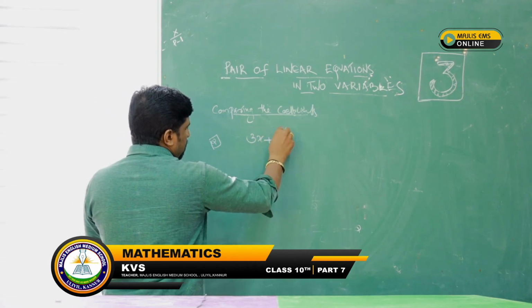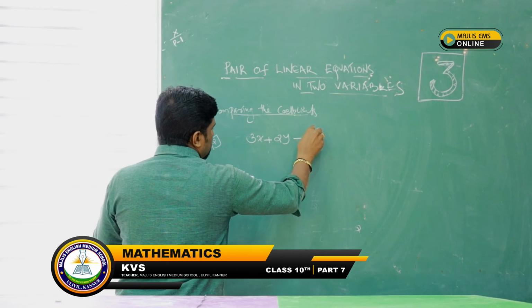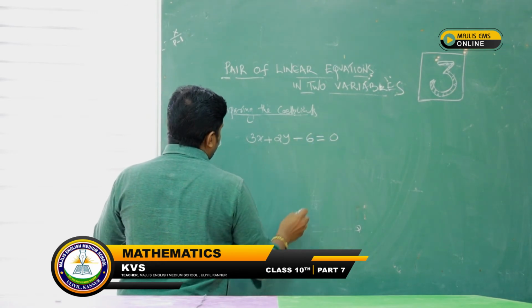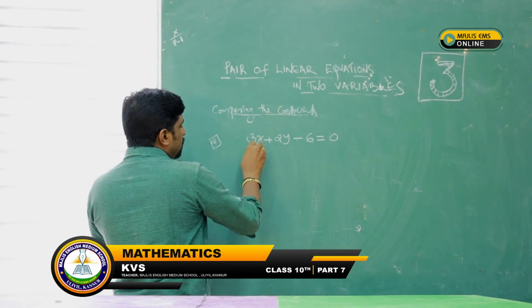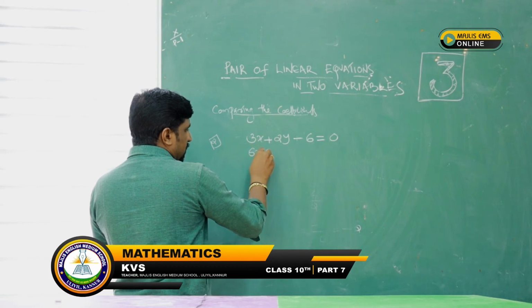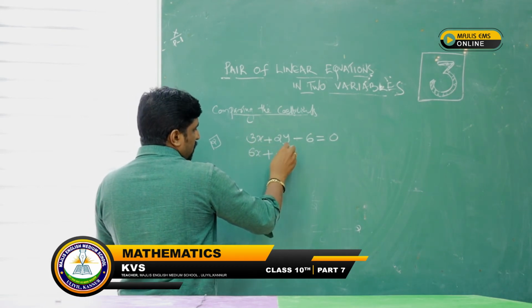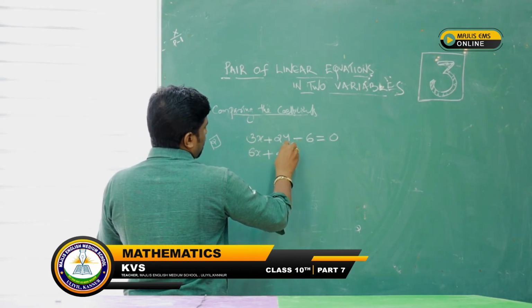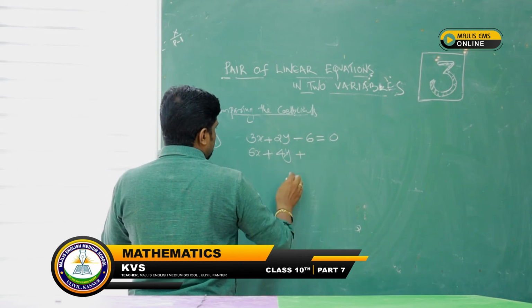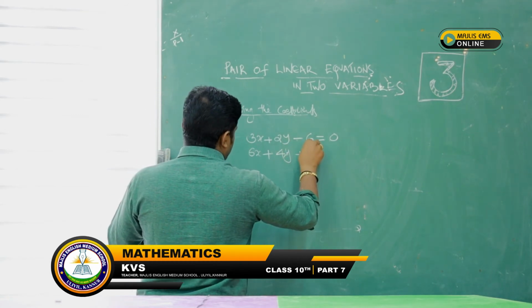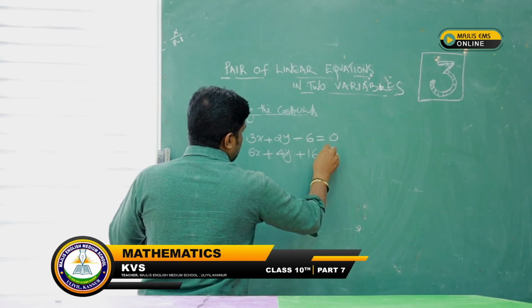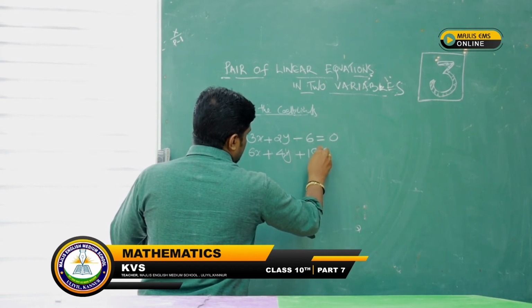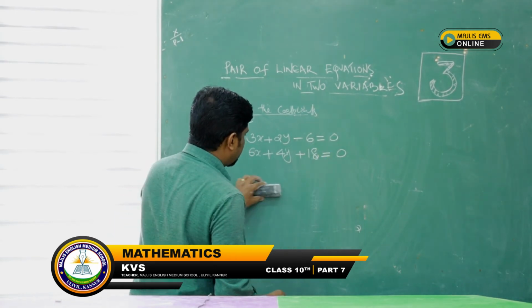3x plus 2y minus 6 equal to 0, and 6x plus 4y plus 18 equal to 0.